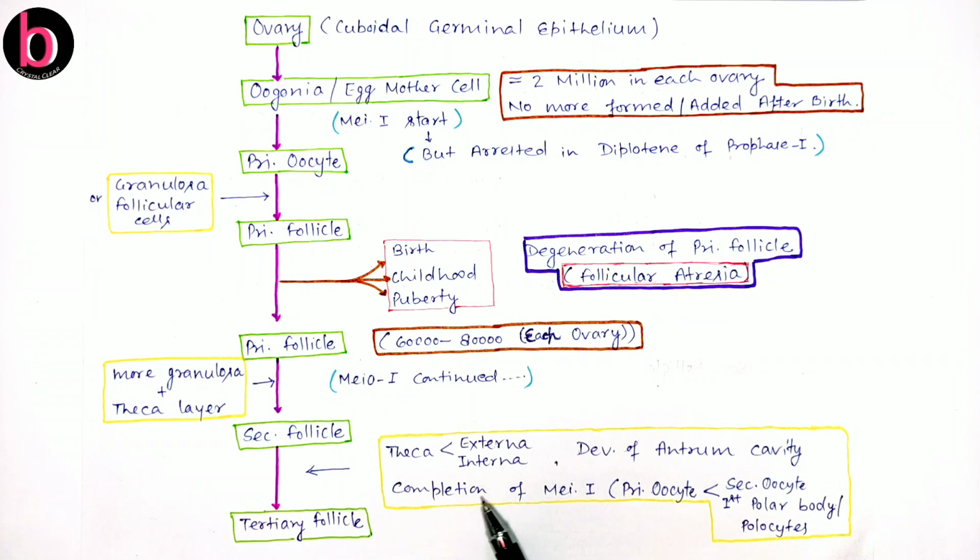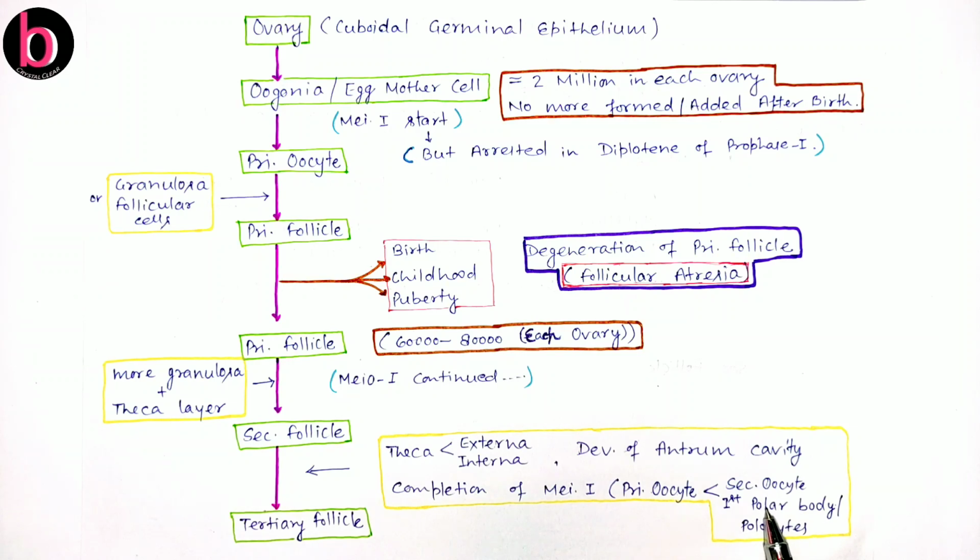Later on, there will be completion of meiosis I in the primary oocyte, and there will be production of a secondary oocyte and first polar body. Technically, both are secondary oocytes, but because of unequal meiosis, maximum cytoplasm is shifted to one secondary oocyte, that is functional, and this secondary oocyte later on will convert into an egg cell, while the second is carrying a very small or negligible amount of cytoplasm.